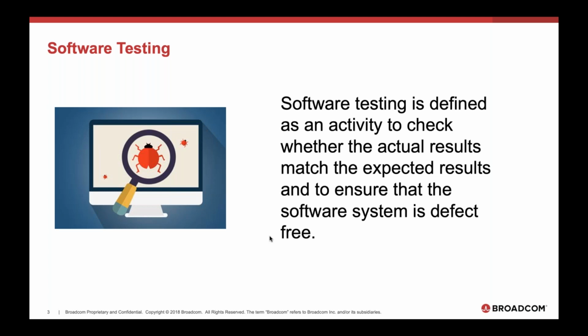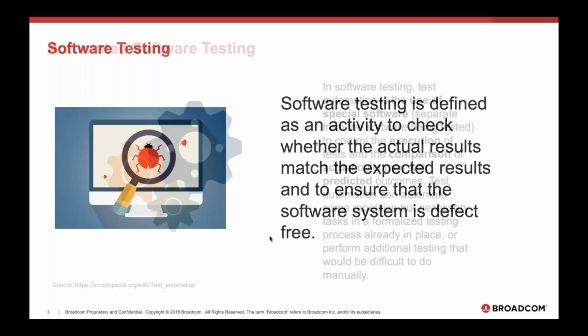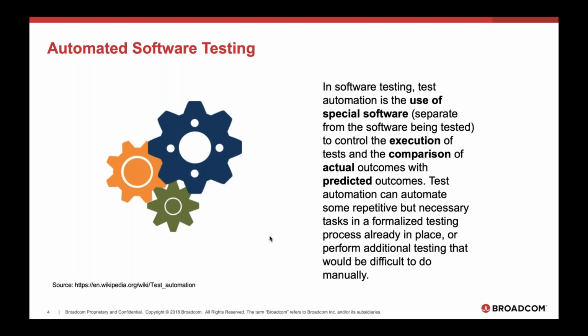So that is the intent of software testing. Now, software testing doesn't always mean that it's automated, right? There's lots of different ways of testing, and usually it's split between a subset which is tested manually versus some that's tested automatically. And that brings us to automated testing.